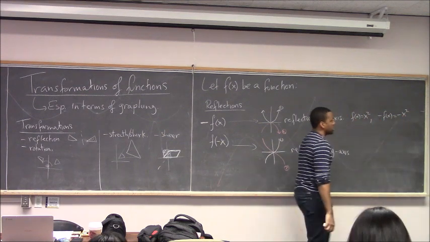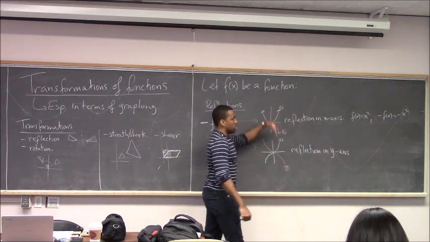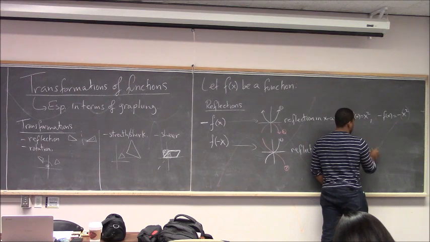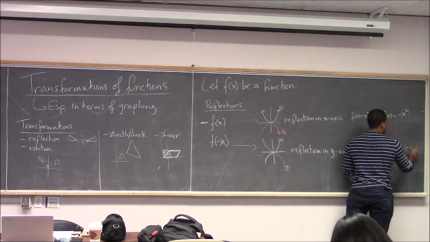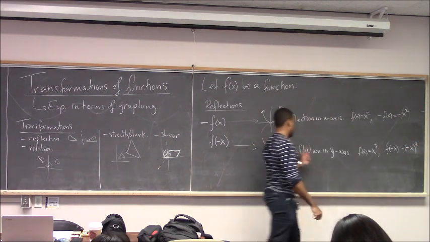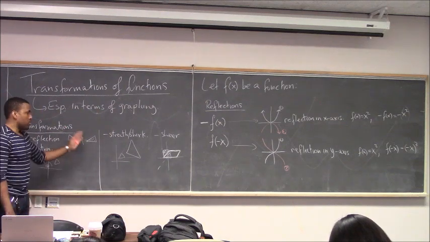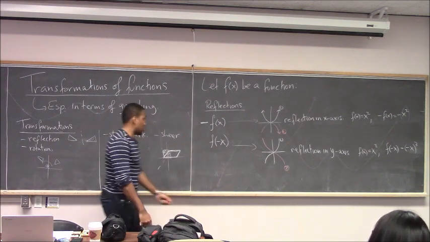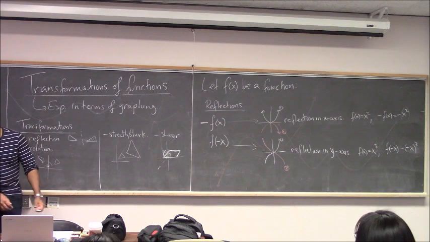Multiplying the outside of a function flips it in the horizontal axis. And here, the example I was thinking of in my head was x cubed. Here we're looking at f of minus x, which is minus x cubed, and would look like the second one. So these are how we can get reflections. It turns out that having a picture flip is multiplication by a constant, in some sense the negative of a constant.